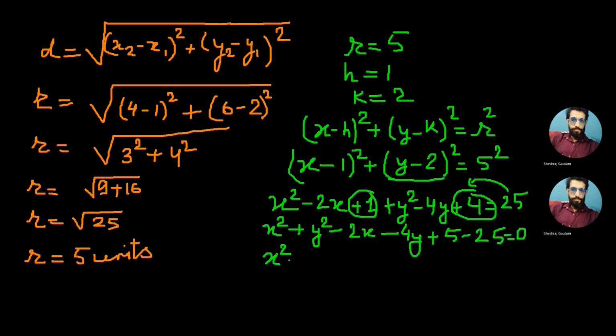And finally we get x square plus y square minus 2x minus 4y minus 20, when we solve 5 and minus 25, is equal to 0. And this is the required equation of our circle.